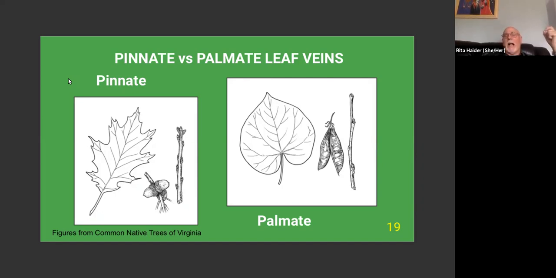Whereas on the right, I've got palmate. Again, they're attached at the same point. You've got, in this case, I guess like 5 primary veins attached to a single point, like the way your fingers are attached to your wrist. That's palmate. You've got half a dozen primary veins with their own secondary veins. So it's pinnate versus palmate veining, just as we had pinnate versus palmate compound leaves.